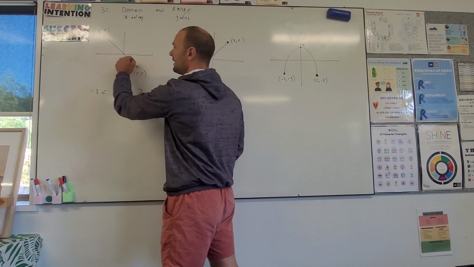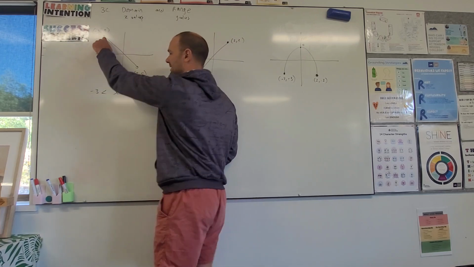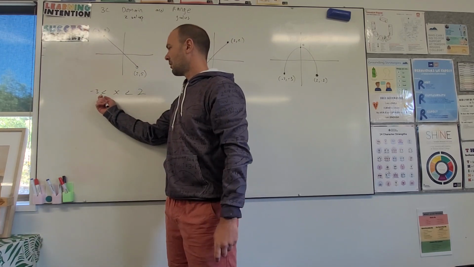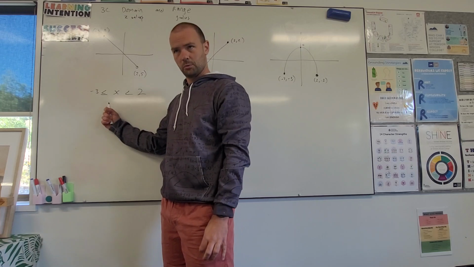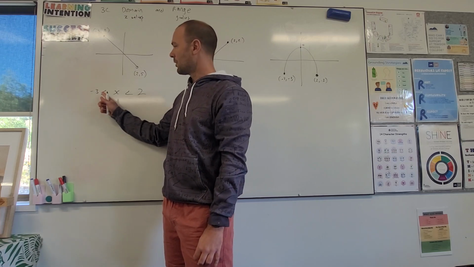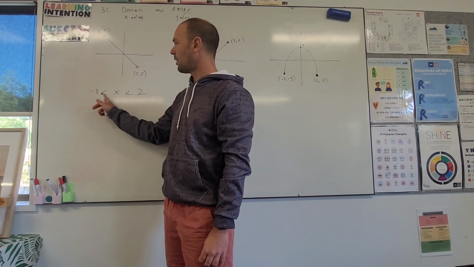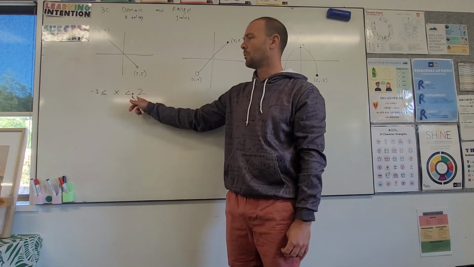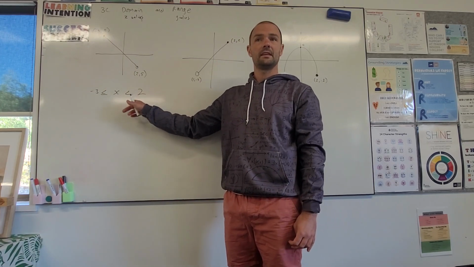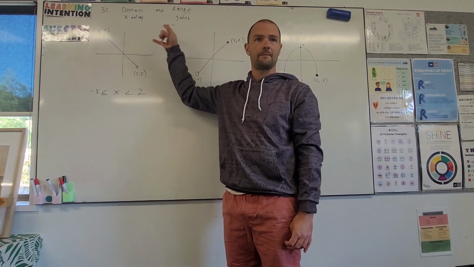But here it does touch at -3, which means it is less than or equal to. So if it's touching, we include the line underneath. If it's hollow, we don't. This is the domain of our first graph here.